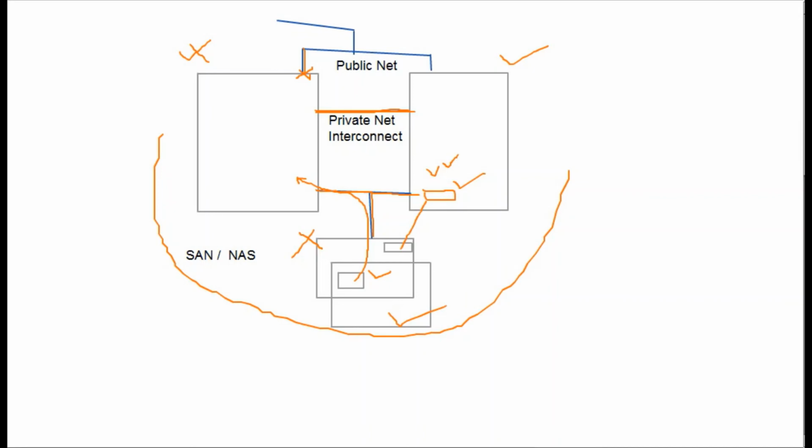Why? Because one of the network cards failed, the complete load is going on. My server is still active, running. Only the network card is having a problem. So what should I do? Better bring one more network card. Use multiple network cards. So how will I be connecting?